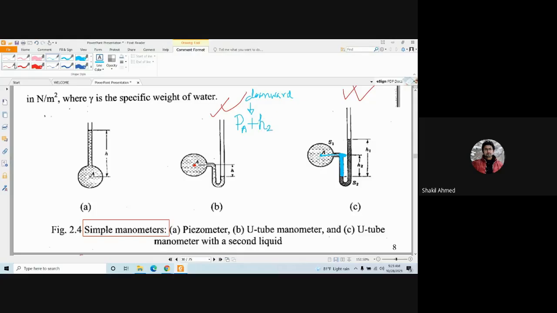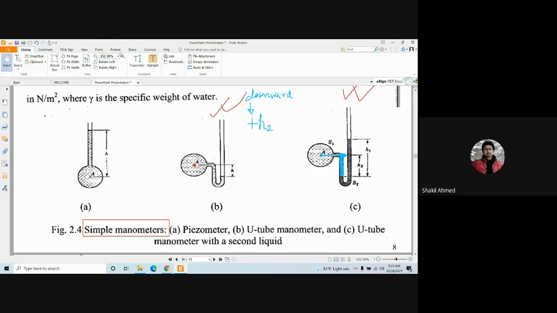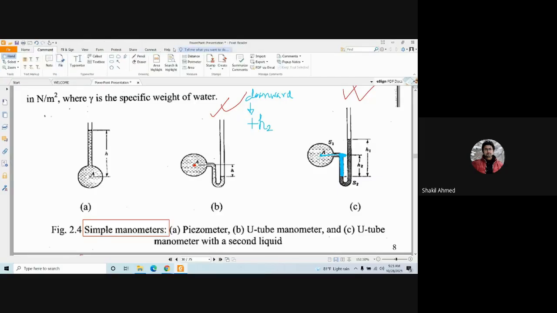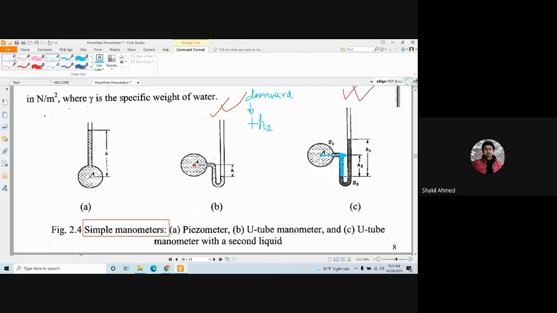That's why, instead of writing PA, you write HA here. That is also pressure, but we have expressed it in terms of height of liquid. So this is HA plus H2. Fine. Now you are here, right?